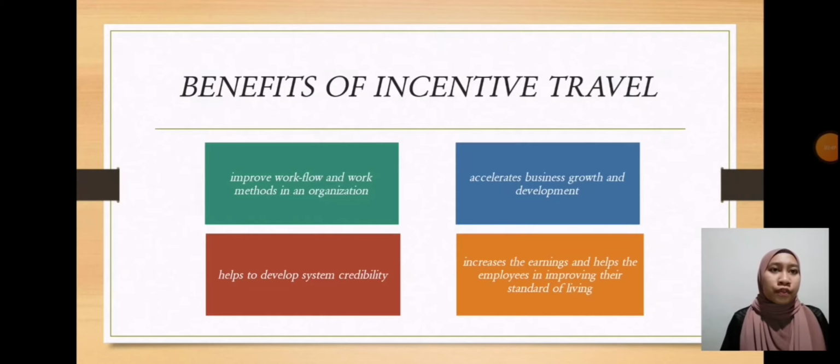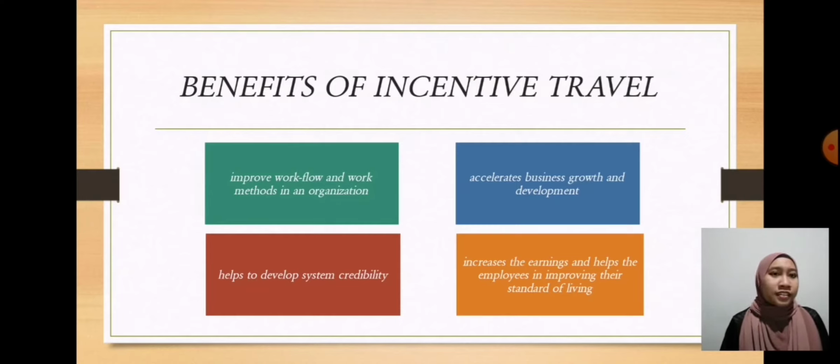Next, the benefits of the incentive table. The incentive table can improve workflow and work methods in an organization. When employees are aware of the incentive table, they become more innovative and creative. It increases the dedication of the employees and they become more hardworking.